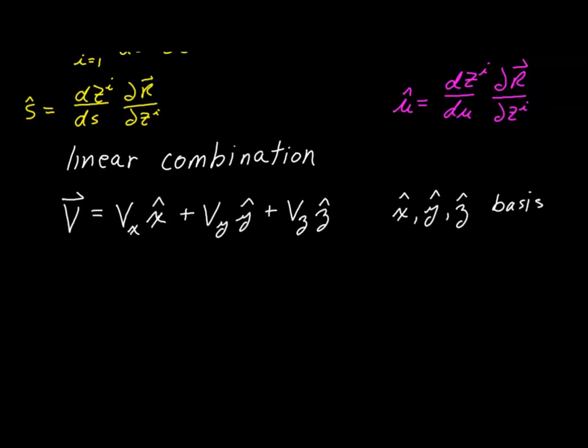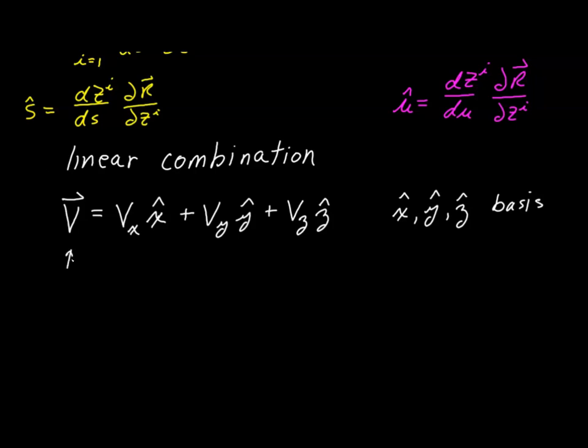For example, we cannot express x hat here using a combination of y hat and z hat. Thus, x hat is linearly independent. Now, if all the vectors are linearly independent, it's impossible to express a zero vector unless all the vector components are zero. Thus, we have a simple test for linear independence.